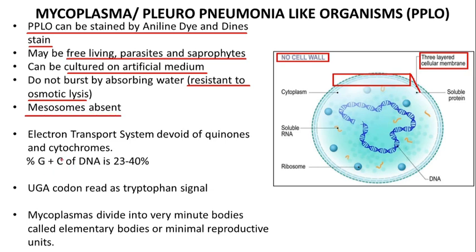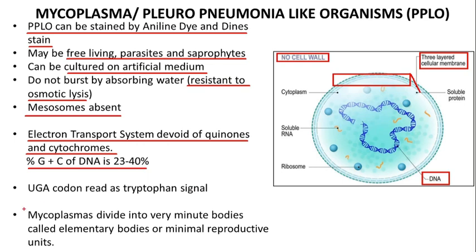Now the electron transport system, the system which helps in respiration, is devoid of quinones and cytochrome. G plus C, that is guanine and cytosine of DNA, is just 23 to 40%. So DNA is present, but the amount of guanine and cytosine is much less. The UGA codon, uracil, guanine, and adenine, is read as a tryptophan signal.